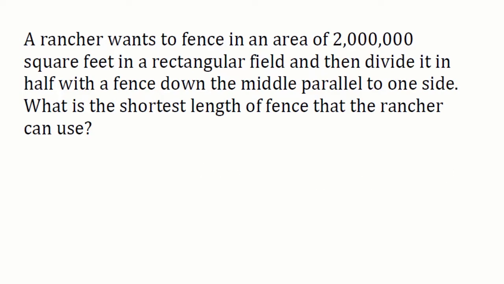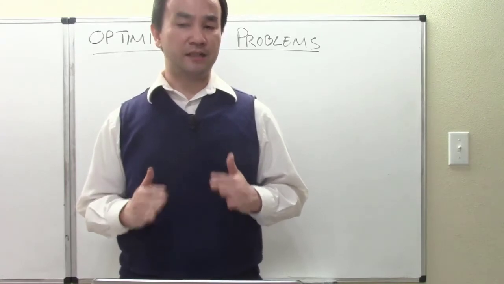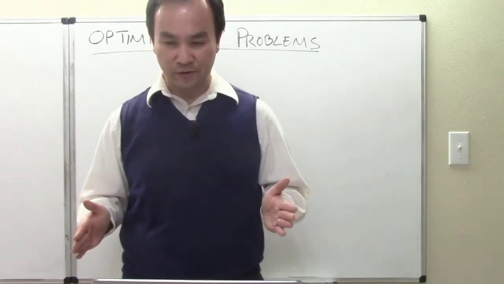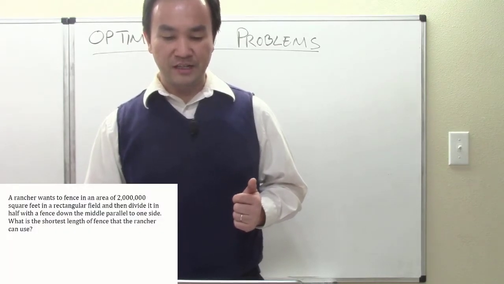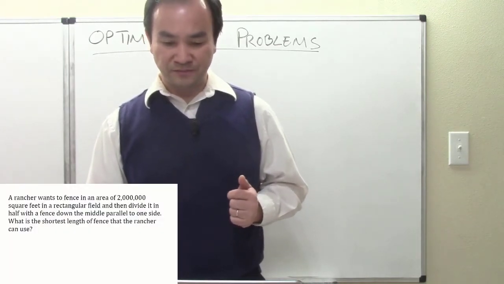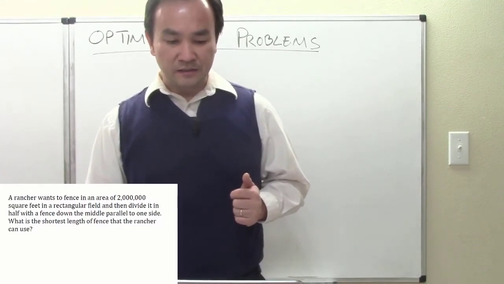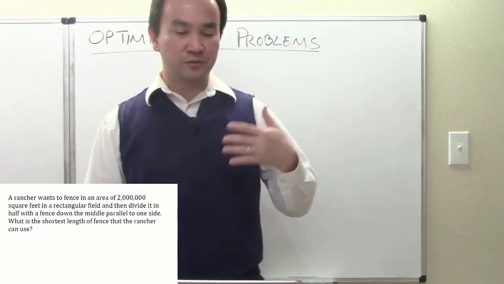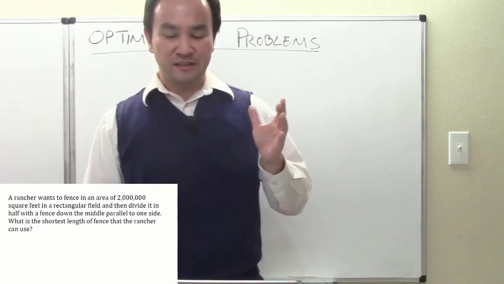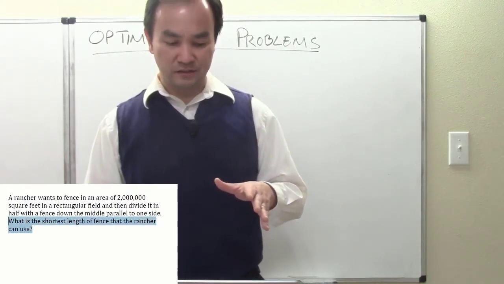My advice is that anytime we're looking at an optimization problem like this, of course it has a lot of wording, but our first thing to do is to identify immediately. I normally advise my students, when they are looking into an optimization problem like this, to look directly into the actual question.